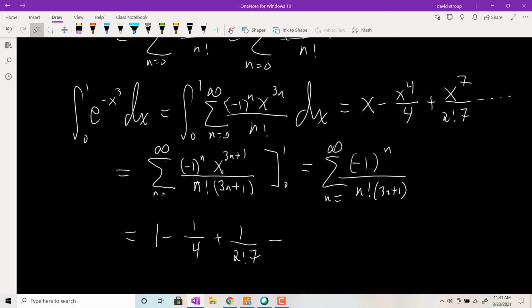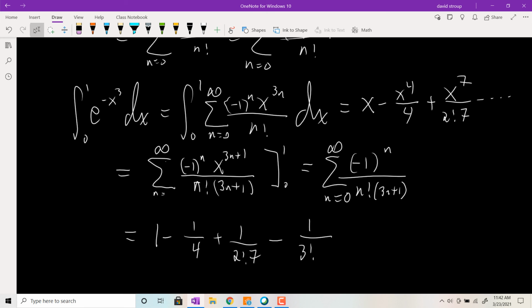Let's look at a bunch of terms out here. Then 1 all over 3 factorial times, what's the pattern here? It's going by 3n plus 1, so for n equals 0, the first one, the second one should be 1, so it's got to be 0, right?